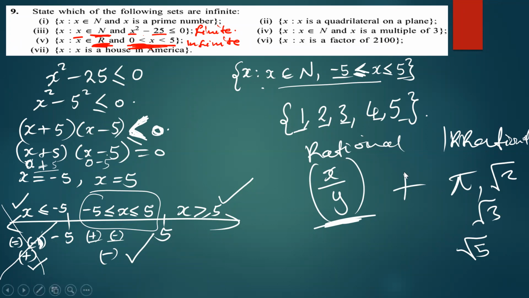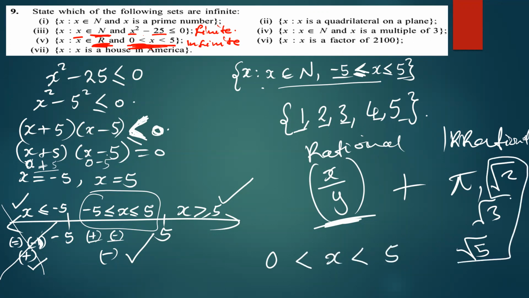So when we talk about the numbers that are between 0 and 5, this is what this statement says. The real numbers between 0 and 5 also include the square root of 2 and the square root of 3, because we know that the square root of 2 will give you something like 1.4 something going up.